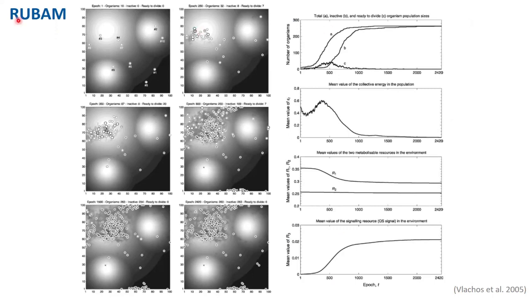For example, in this simulation, you see that the lighter or whiter areas mean higher resources, and cells move here only by division. You place a couple of initial founding colonies or cells here, and the white ones are the living cells, and the ones with the X's or crosses are the dead cells.